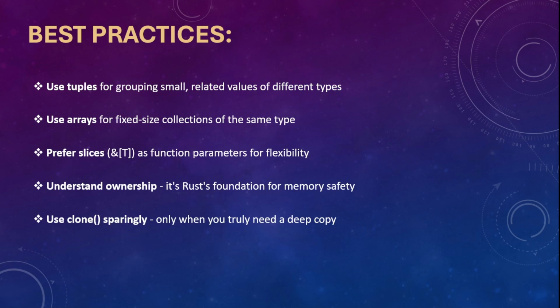Otherwise, you can use the ownership system to move the ownership from one variable to another variable. And lastly, leverage the destructuring of the tuple and the slice for clear and readable code.